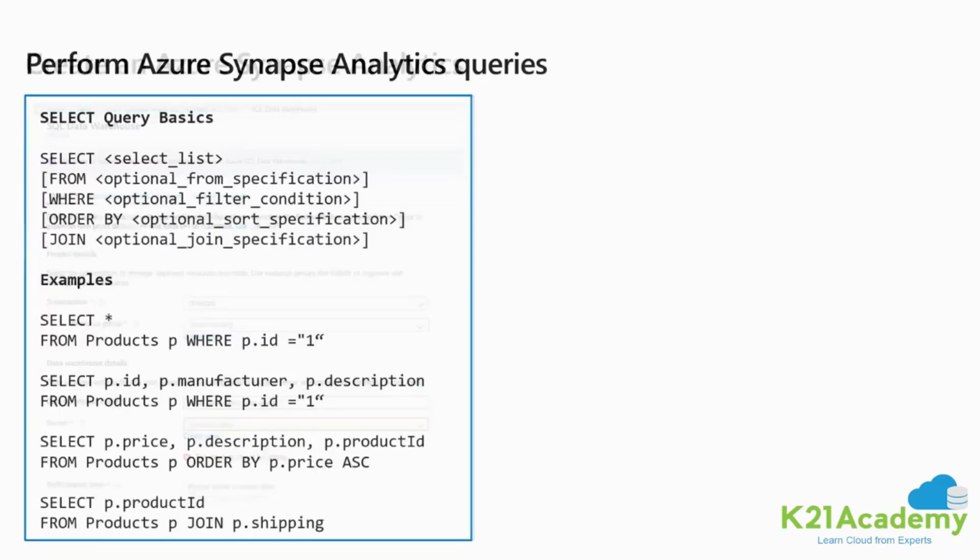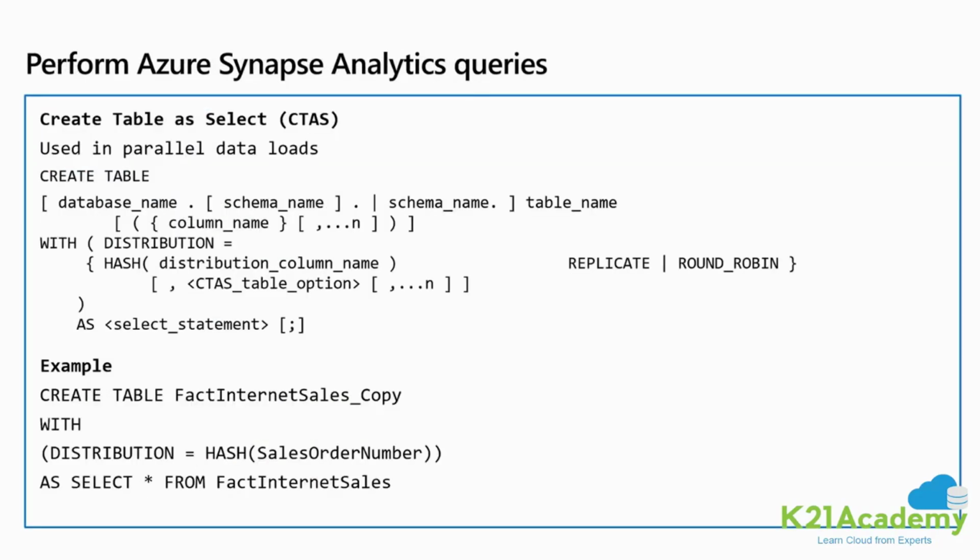Here we have some normal queries, and these queries are the same queries which we run against any SQL server. You can have a look at a couple of examples over here. SELECT * FROM product p WHERE p.id = 1. When we create a table, you can use CREATE TABLE, the table name, and the normal syntax, or you can also create a table using a CTAS statement, which is basically CREATE TABLE AS SELECT.